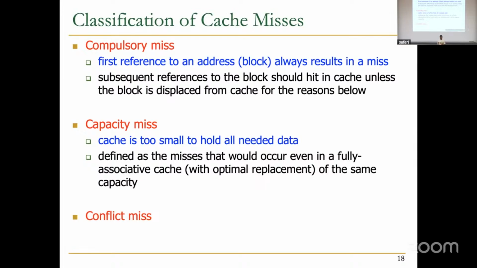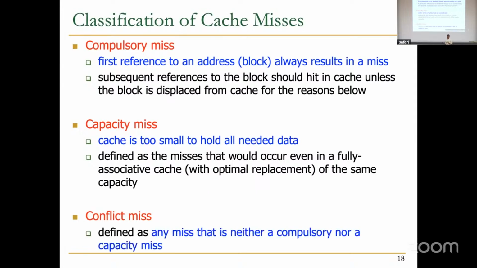It is defined as the misses that would occur even in a fully associative cache with an optimal replacement policy of the same capacity. So it essentially says that associativity is not the problem for this miss. You cannot reduce this miss even if you make the cache fully associative, because this miss is still there even after making it fully associative, and with an optimal replacement policy also. So a capacity miss truly stems from the fact that your cache is not big, right?